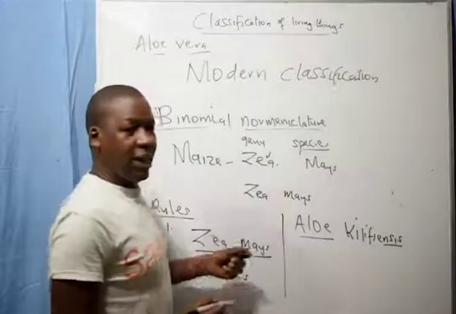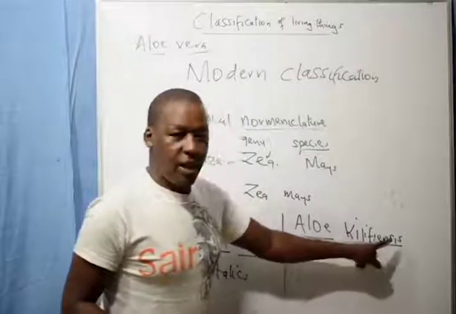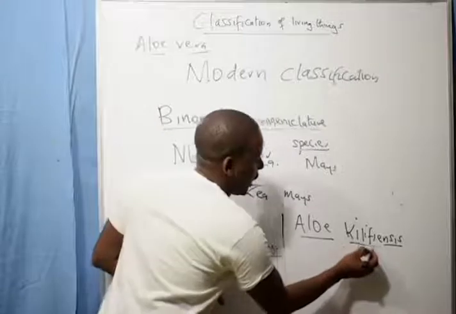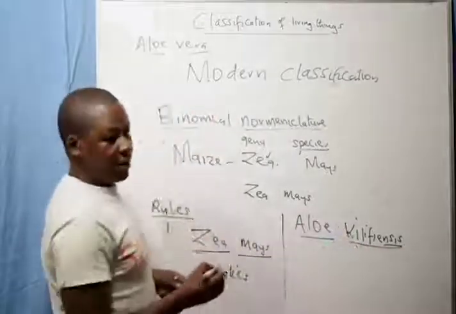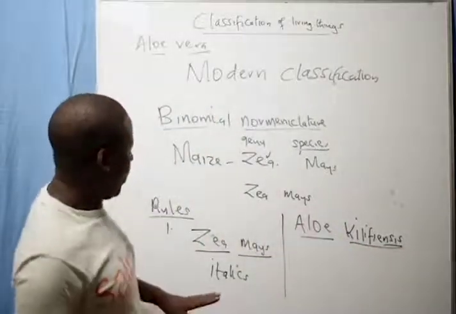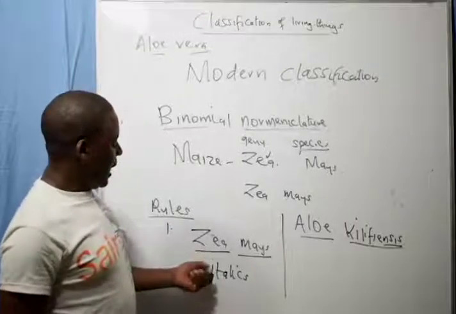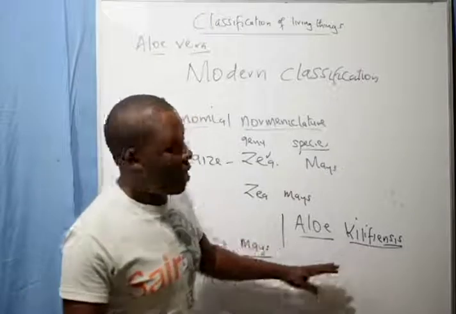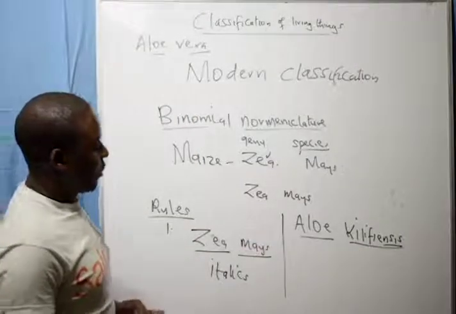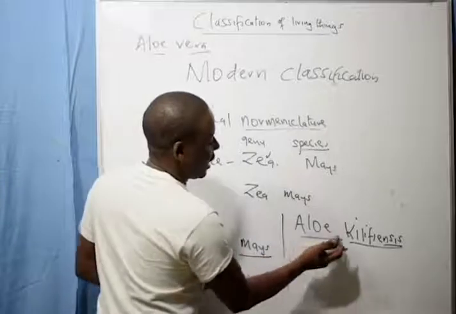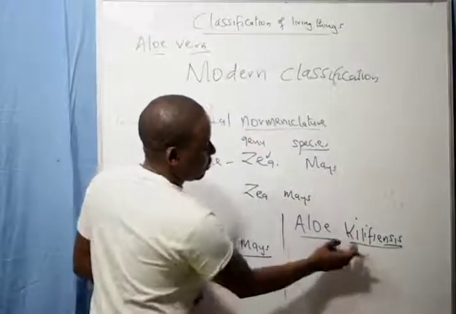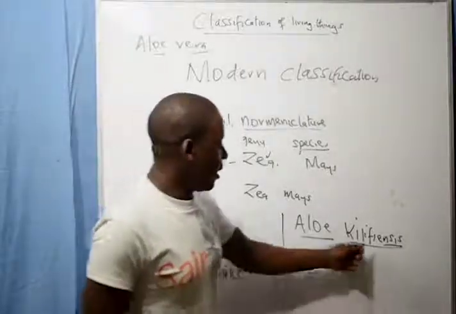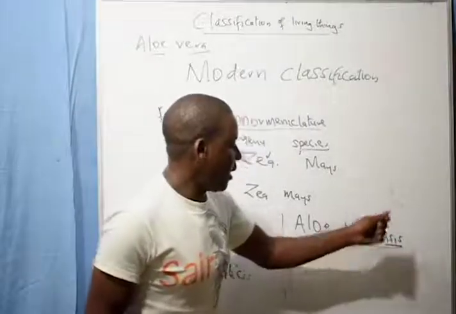So the plant name was Aloe Kilifiensis. Therefore, where the Latin name doesn't exist, the local names are made to sound like Latin. For example, Aloe Kilifiensis, discovered from Kilifi but made to sound like Latin by adding ensis.